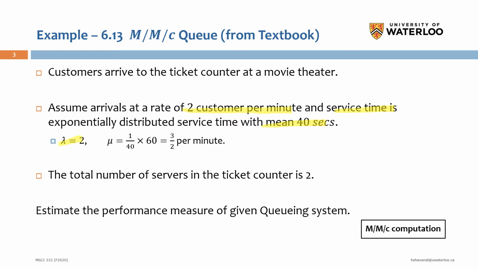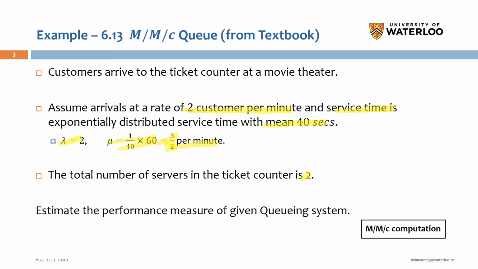Since the mean is 40 seconds, mu will be 1 over 40, and since it's based on seconds, we should multiply this by 60 in order to be in minutes. So it will be 3 divided by 2, or 1.5 customers per minute. Here we assume that we have 2 servers.